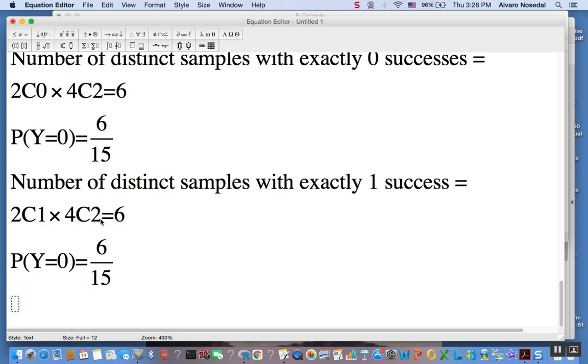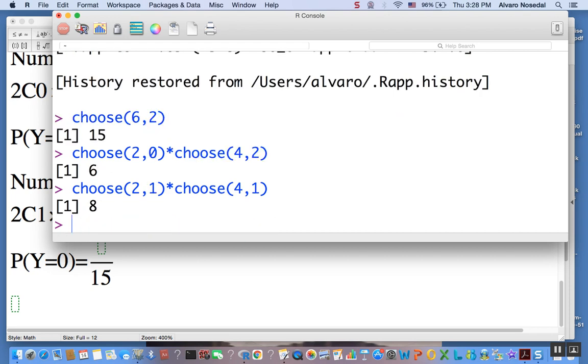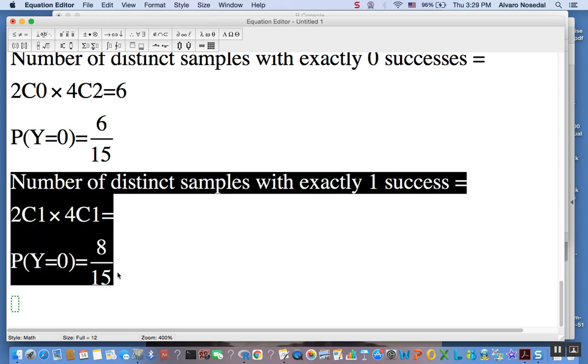And then out of the subpopulation of failures, which is of size 4, we want to choose just 1. Let's find that number using R again. So let's change this one. This is going to be a 1, and this is going to be a 1. That's 8.